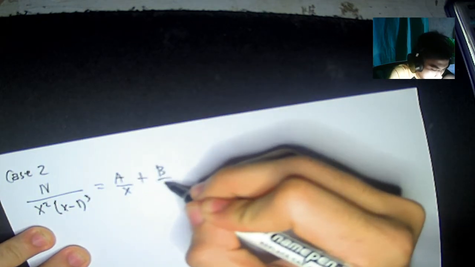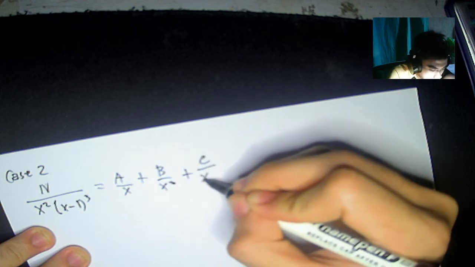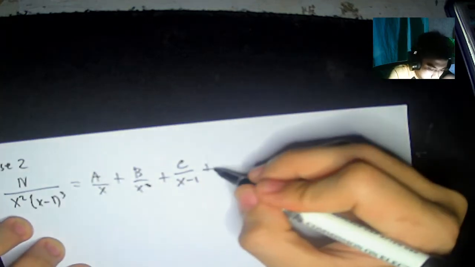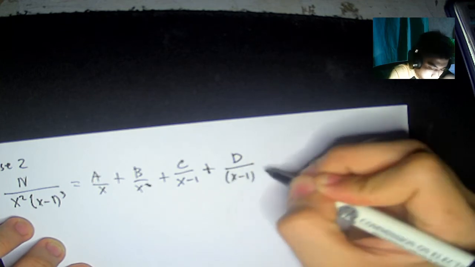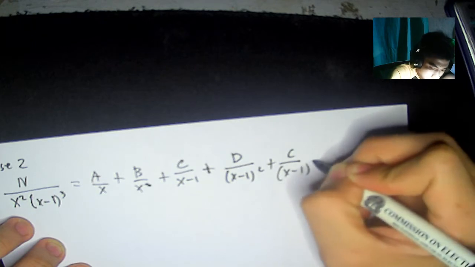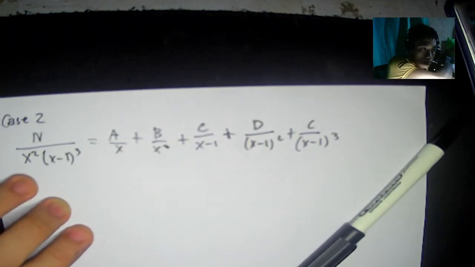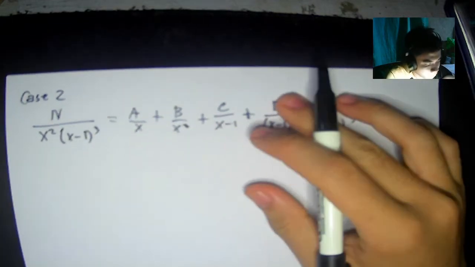So repeated linear is x minus 1. As an example, we'll have A over x minus 1, plus B over x minus 1 squared, plus C over x minus 1 cubed.